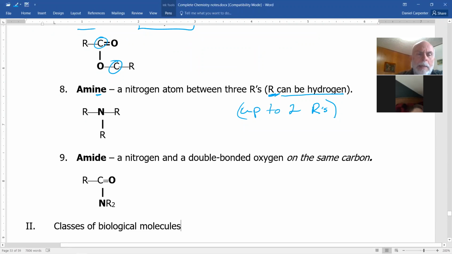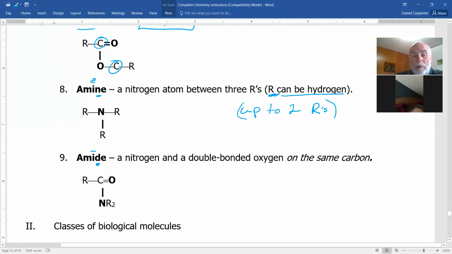Amine with an N and amide with a D. It's the only difference in the spelling. By the way, why they say long I for amide and long E for amine, I have no idea. But notice there's only 1 letter difference.